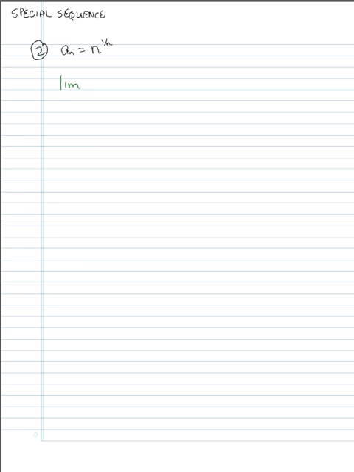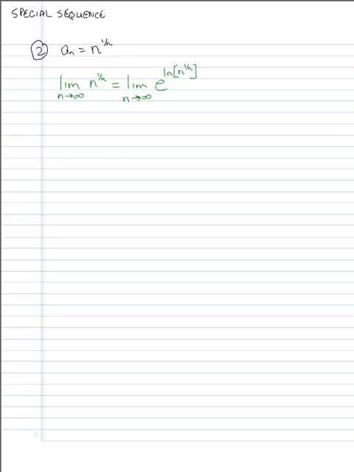Okay, so here we want to know what the limit as n approaches infinity of n to the power 1 over n is. Now, we're going to do the same kind of algebraic magic. We'll notice in this case that n to the power 1 over n is exactly the same thing as e to the power of the natural log of n to the power 1 over n.